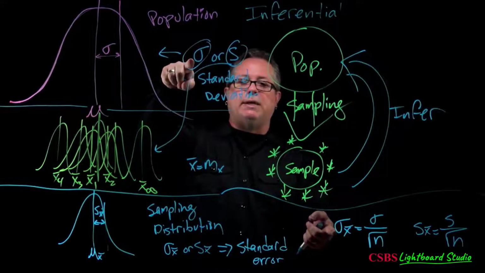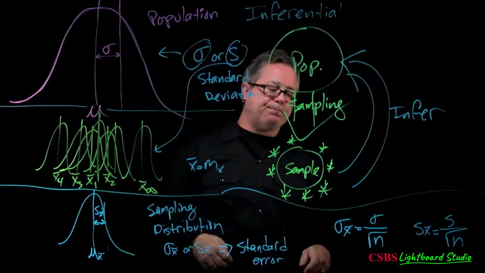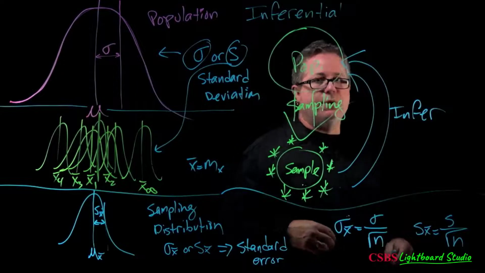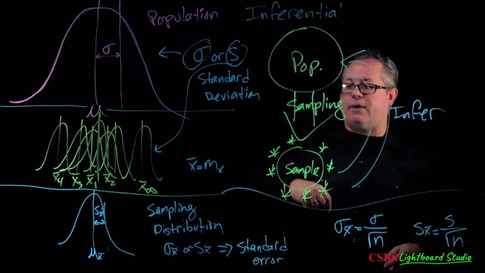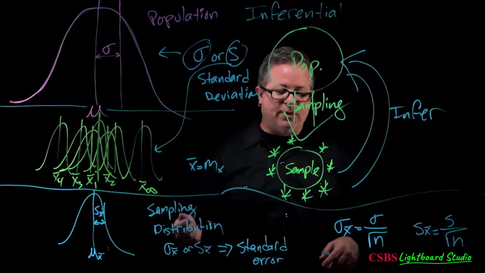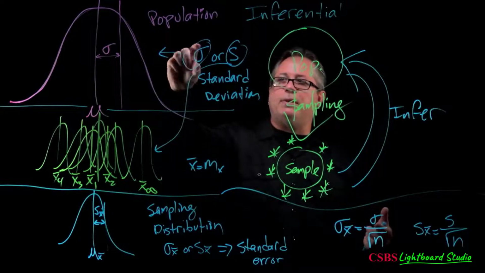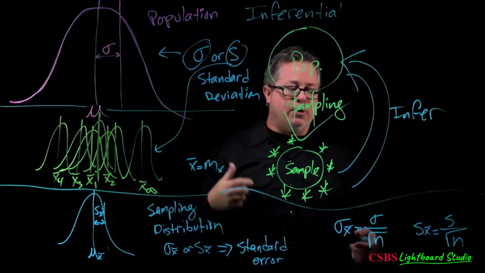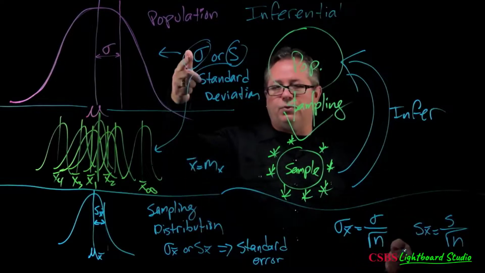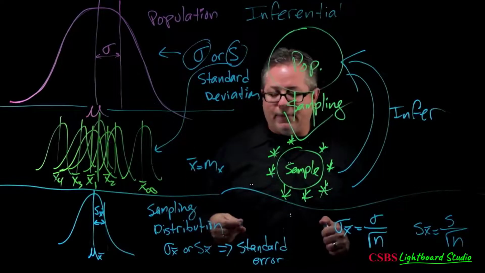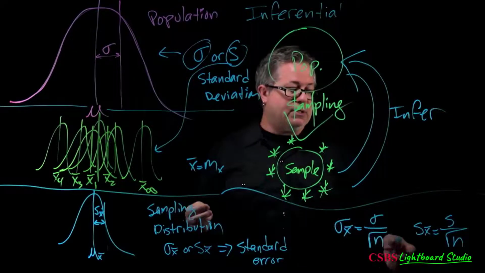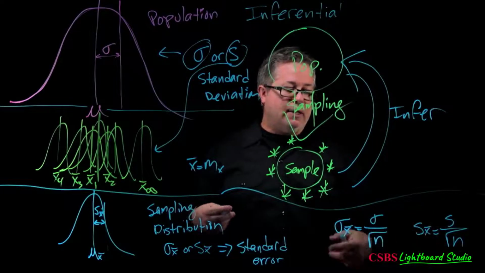This works in some cases, like if you're dealing with intelligence testing, for instance. We know that the population of IQ scores is normally distributed with a mean of 100 and standard deviation of 15. So we actually know the population for IQ scores. We don't need to compute it like this. We can use the population value. Most other cases, we're going to rely on the sample value, and that changes everything.